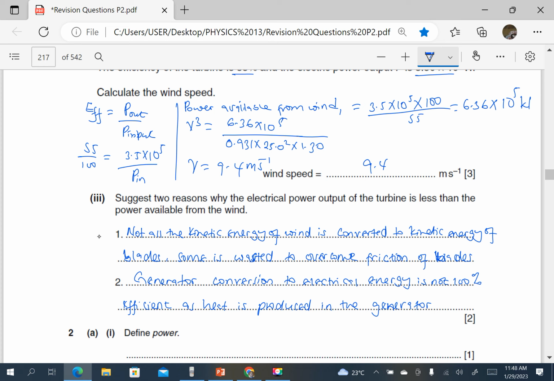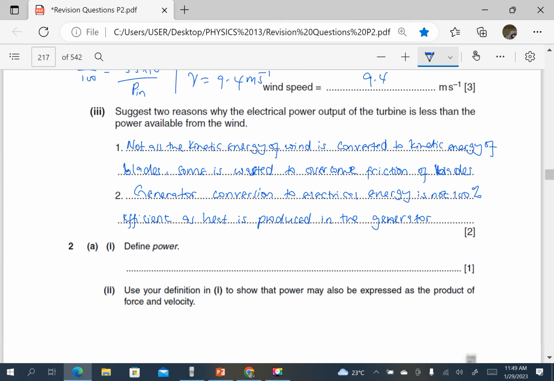So some heat may be produced in the generator, meaning its conversion is not 100% efficient.